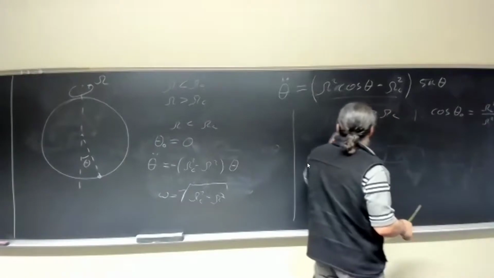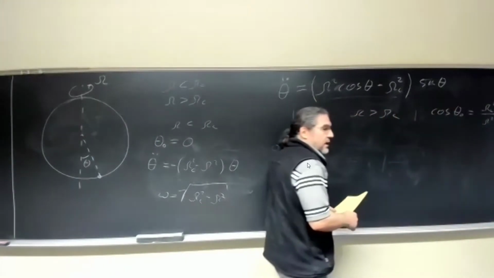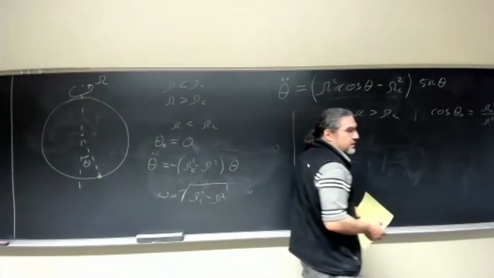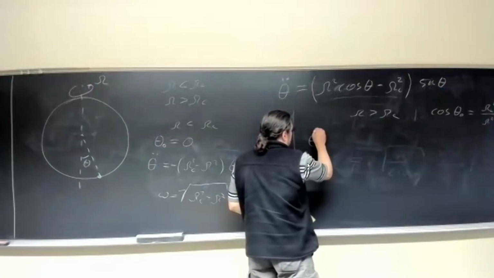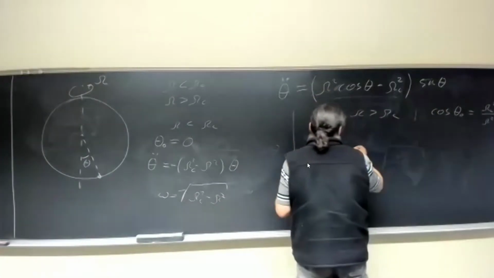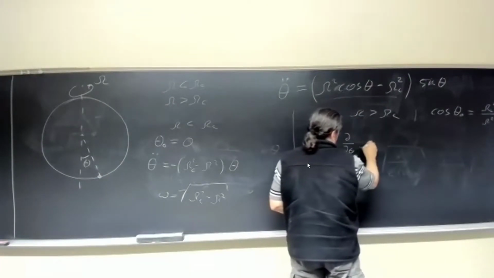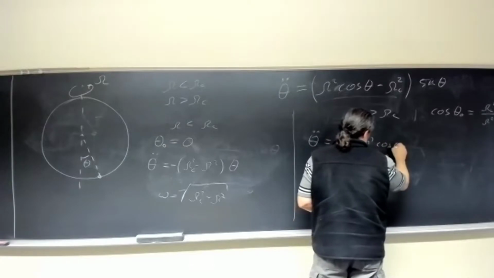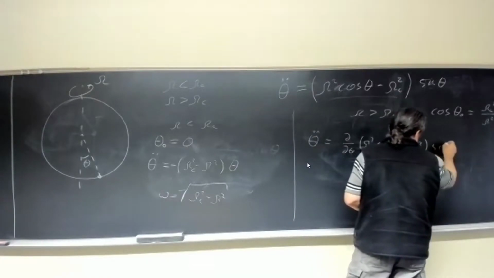And this is the next term. I need to take the derivative of this function and multiply it by theta minus theta naught. So what I will have is theta double prime equals d over d theta of this function, omega squared cosine theta minus omega c squared, times sine theta.